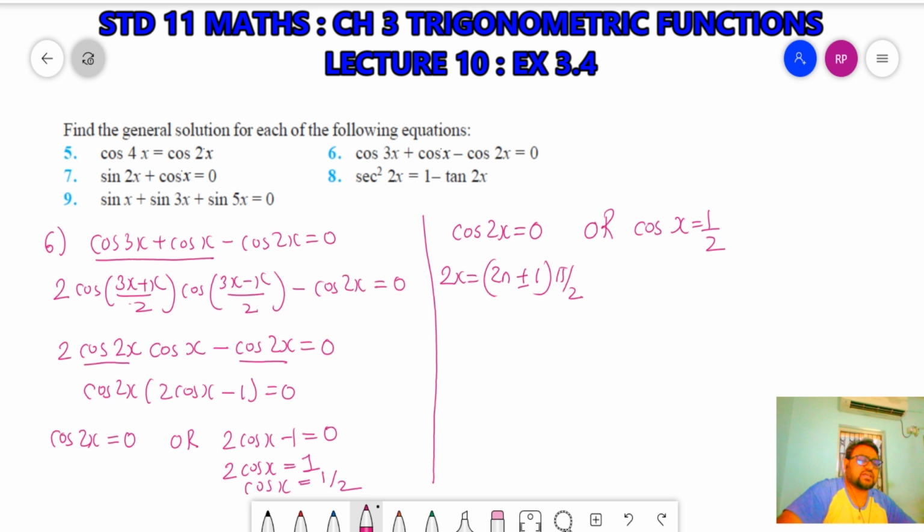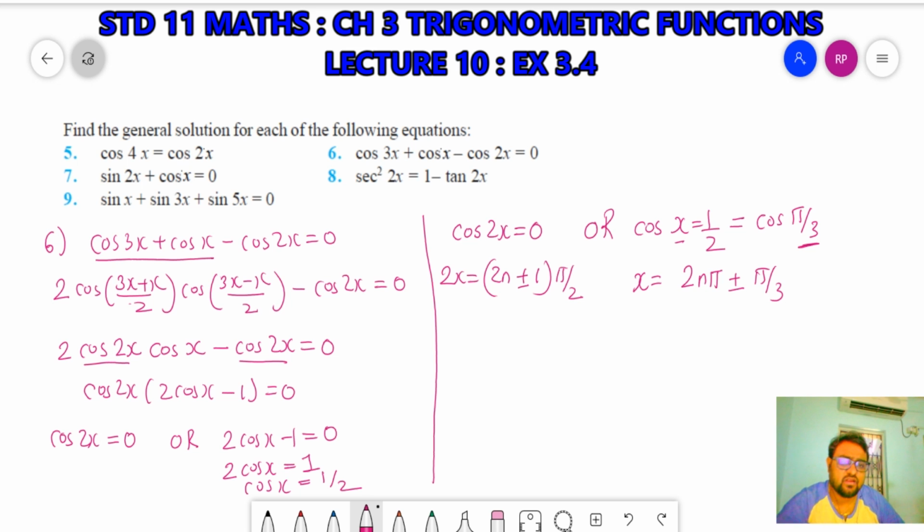Or cos x is equal to 1 by 2. When does the value of cos is 1 by 2? Cos pi by 3. Right, so here alpha is pi by 3, so x is equal to, for cos we were using 2n pi plus minus alpha, that is pi by 3.